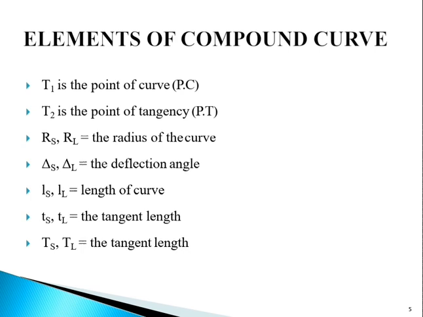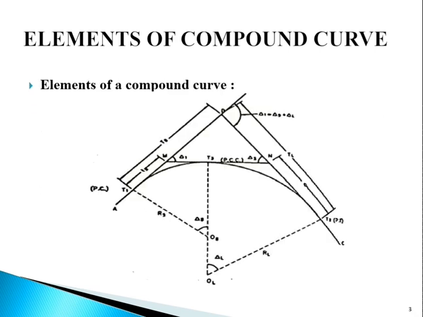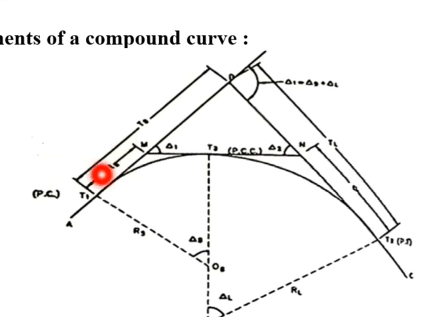Small ts and small tl are tangent lengths, and capital Ts and capital TL are also tangent lengths, but there is a difference. Small ts will be this distance only, up to the midpoint, whereas capital Ts will be the whole distance.